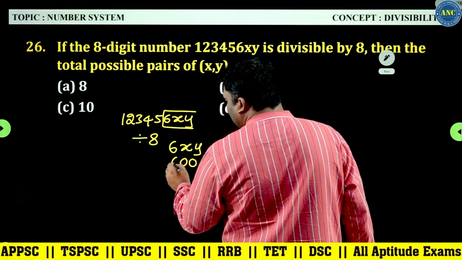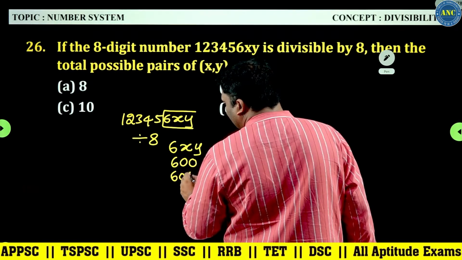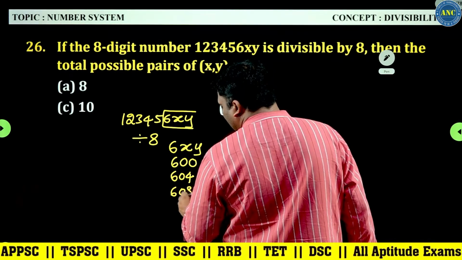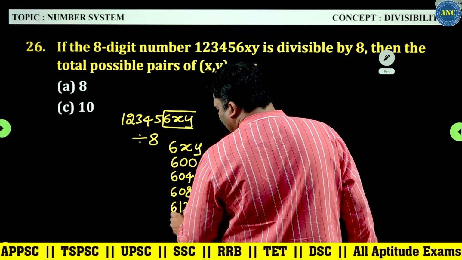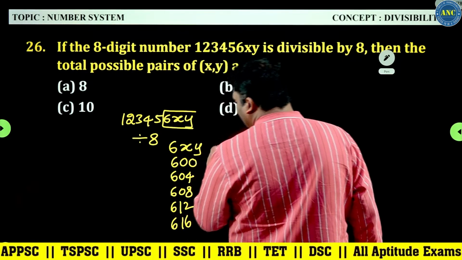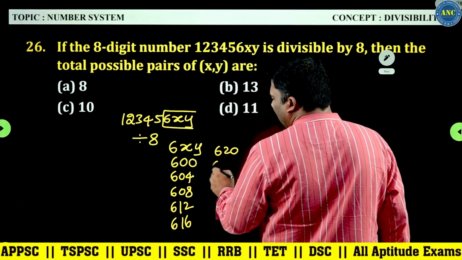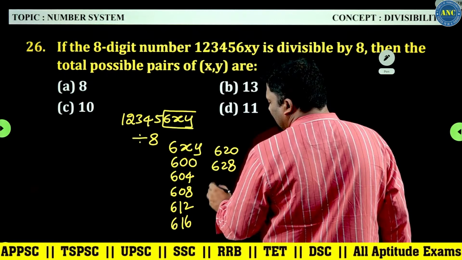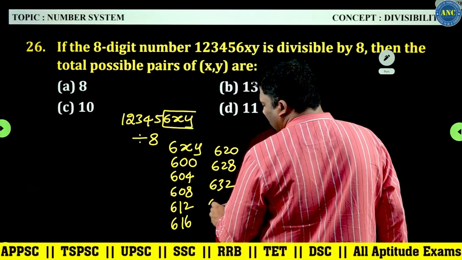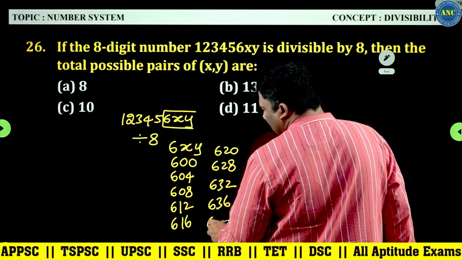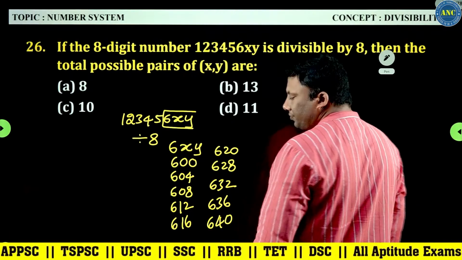This can be 600, it is 604, it is 608, it is 612, it is 616, it is 620. Are you all with me? It is 628, it is 632, it is 636, it is 640.